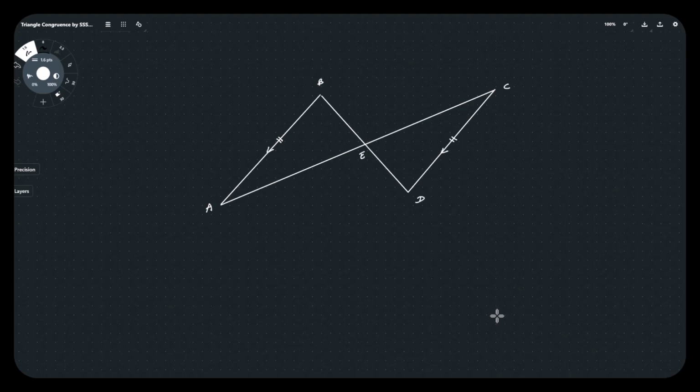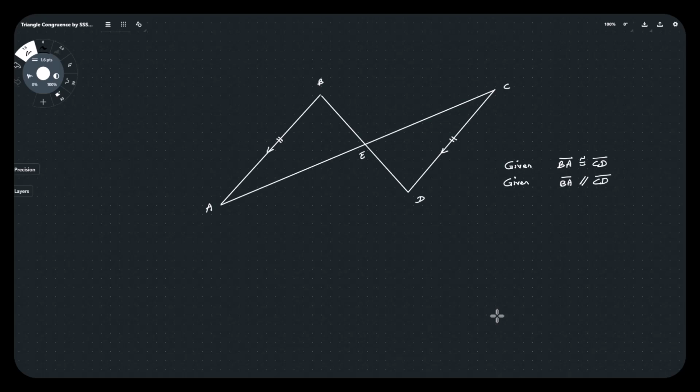Let's see. I am given that BA is congruent to CD. I am given that BA is parallel to CD.